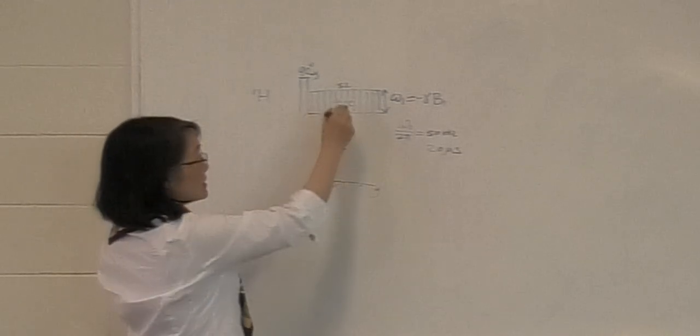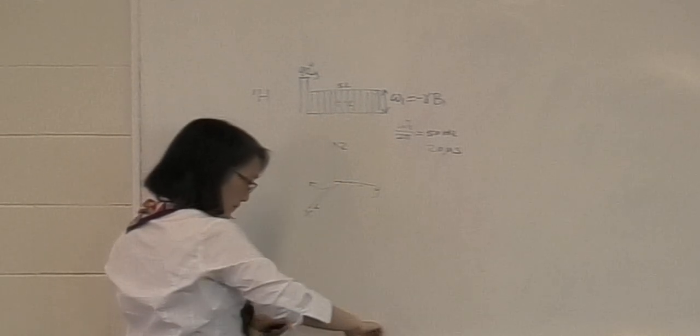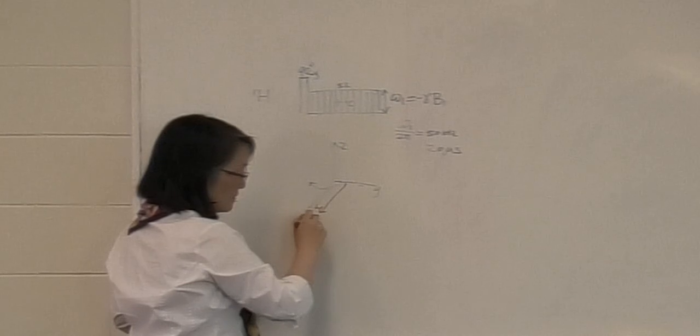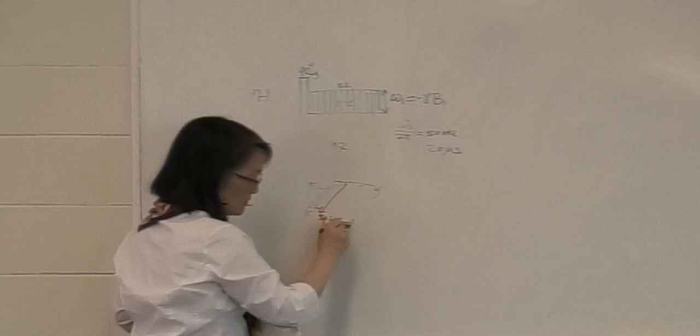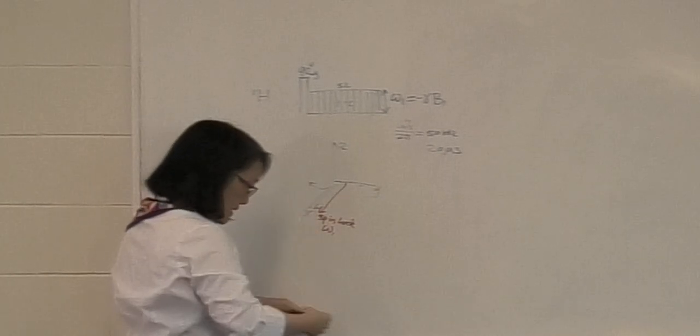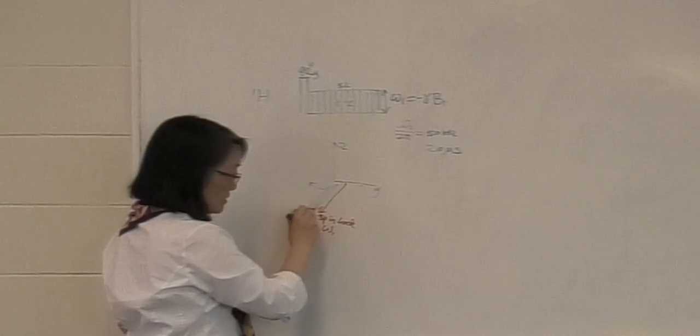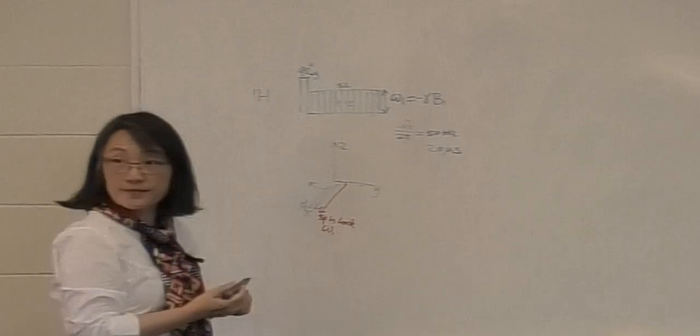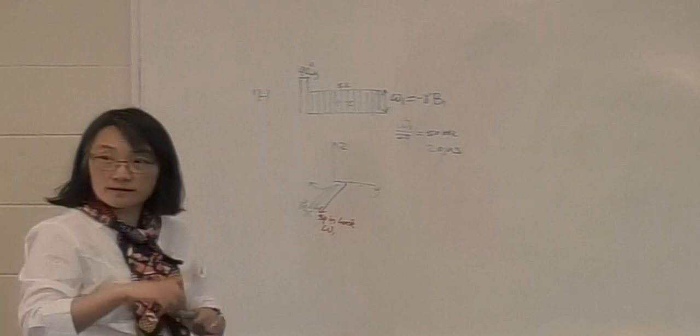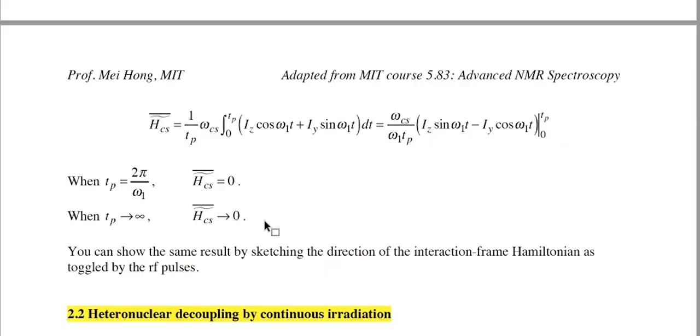But by doing the spin lock along X, this is my RF spin lock field, or omega 1, then this magnetization will no longer precess. It'll be locked. So the average Hamiltonian of the chemical shift interaction, calculated by transforming into the RF interaction frame, comes out 0, and that explains why the spin is actually locked.